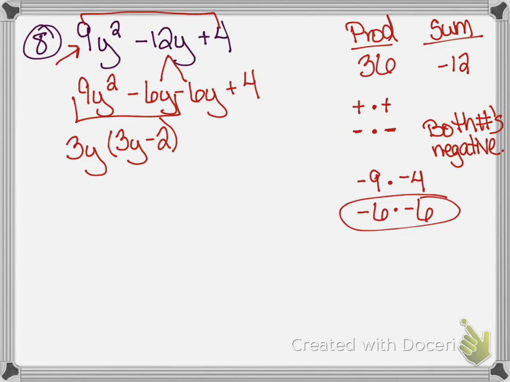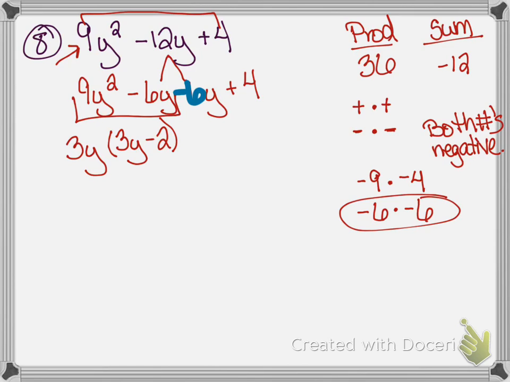Good. Okay, now, whenever I have a negative number right there, what is that an indication that I need to do? What do I need to take out? Excellent, Matthew.